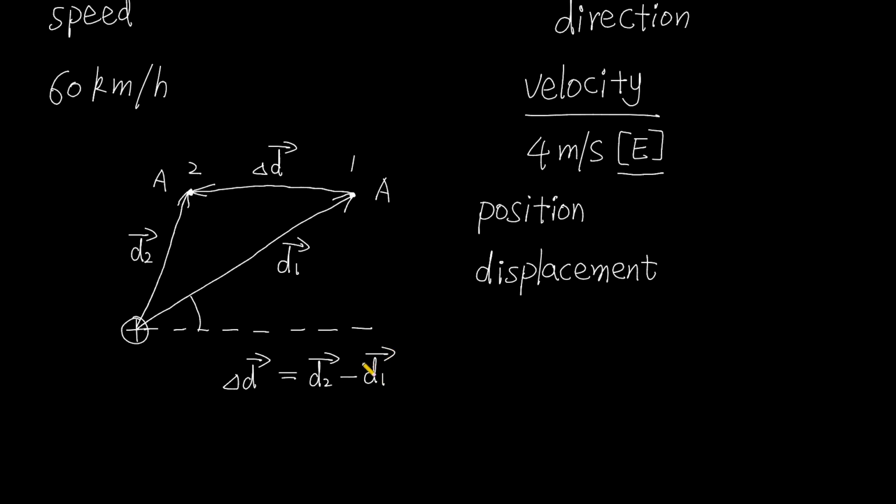Now here, we draw an arrow on top of the letter to represent that it is a vector.